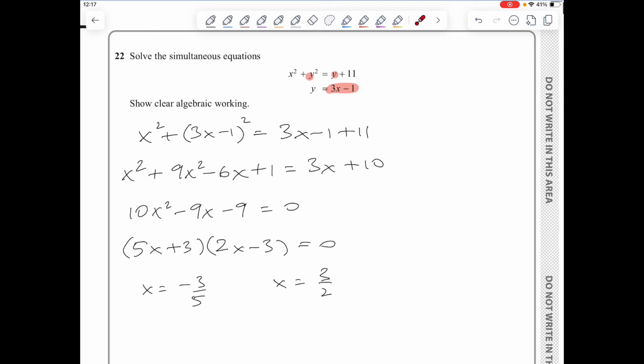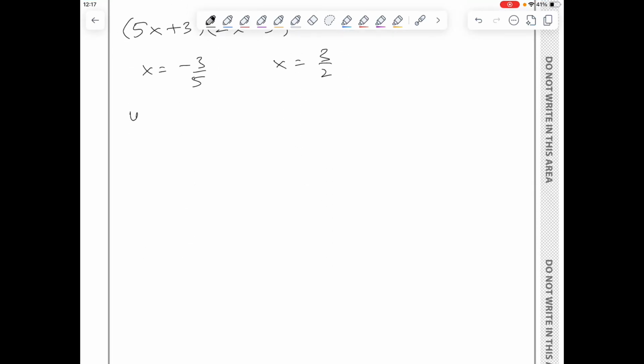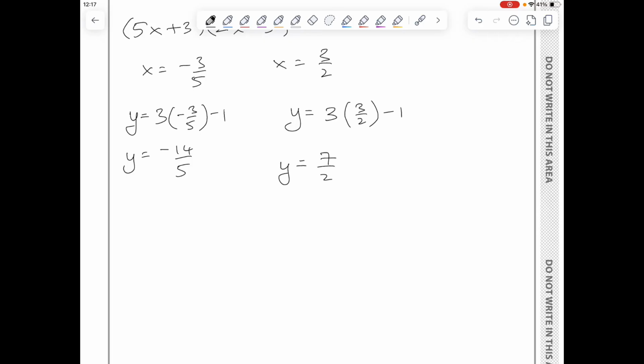Now let's use the linear equation, the second one, to find the values of y. So y is equal to 3 times minus 3 over 5 minus 1. y comes out to be minus 14 over 5. And from the second x value, y is equal to 3 times 3 over 2 minus 1, so y is equal to 7 over 2.